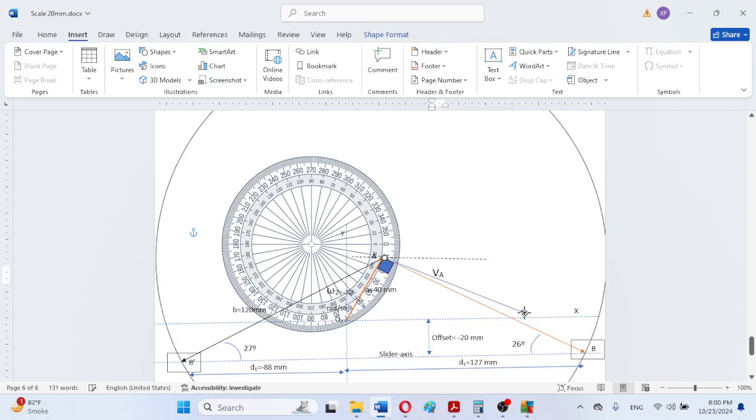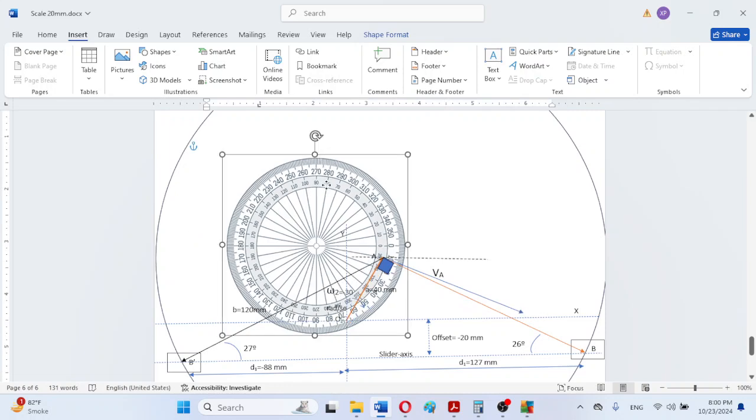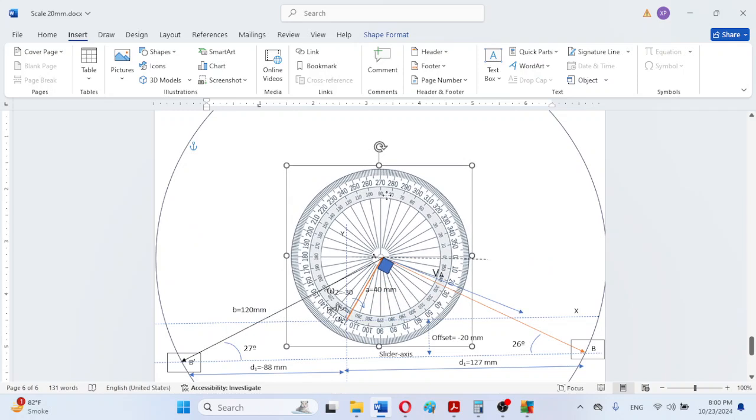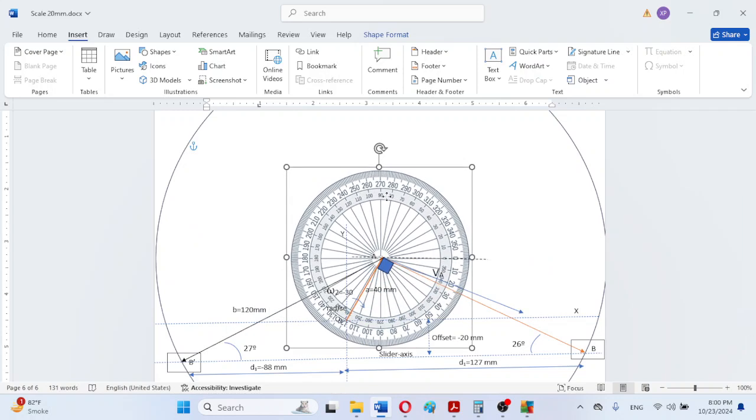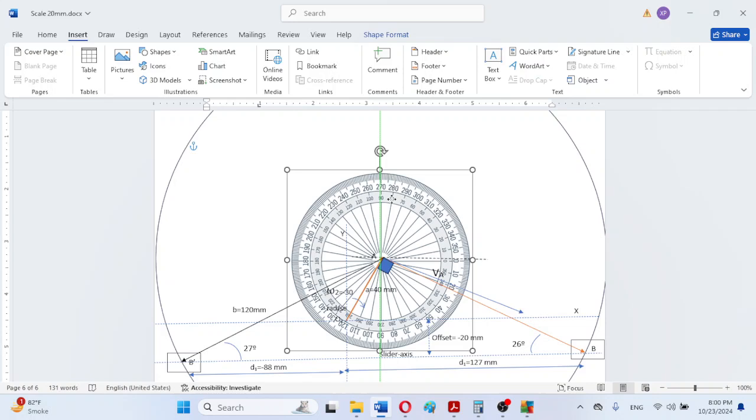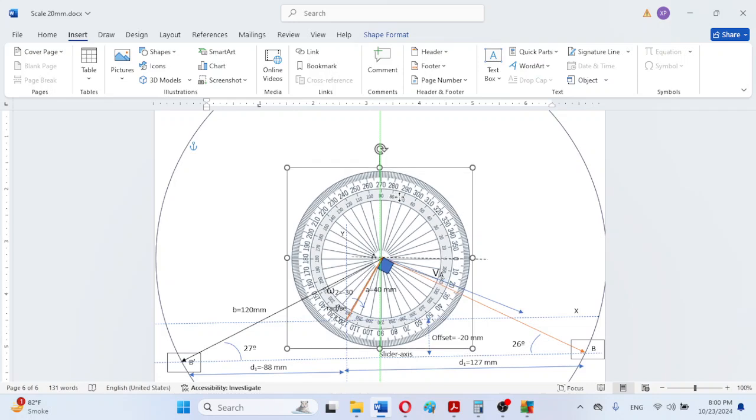In order to measure the angle, first of all we must confirm that this vector VA is perpendicular. So we first verify or make it exactly perpendicular if we want to measure the angles graphically.